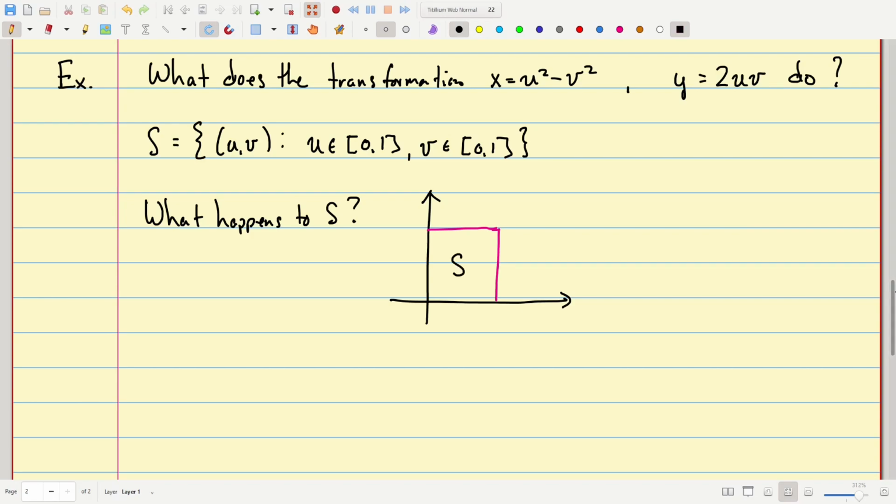So this is the square S. This is in the UV domain.